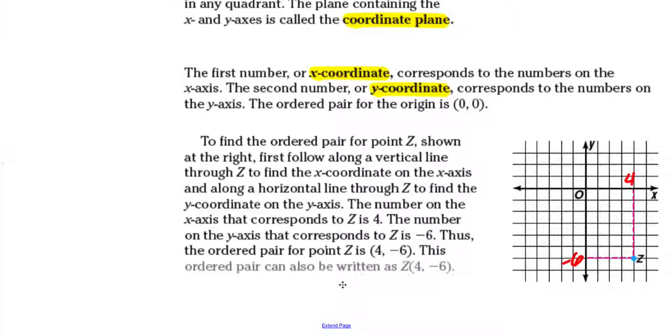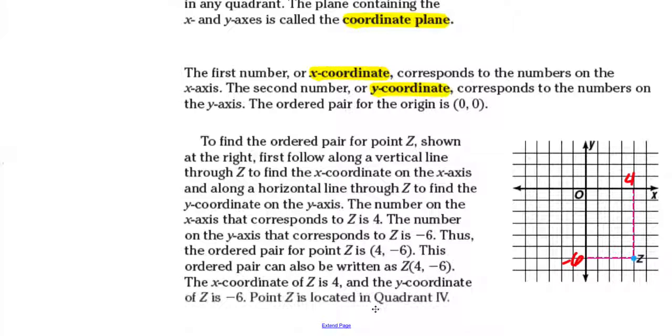This ordered pair can also be written as Z(4, -6). The x-coordinate of Z is 4, and the y-coordinate of Z is -6. And this point is also located in quadrant 4. That's a little bit of a review of what we've been doing since 6th grade.